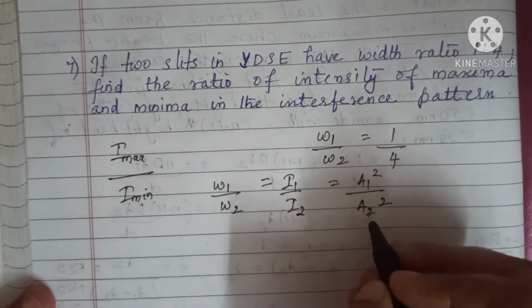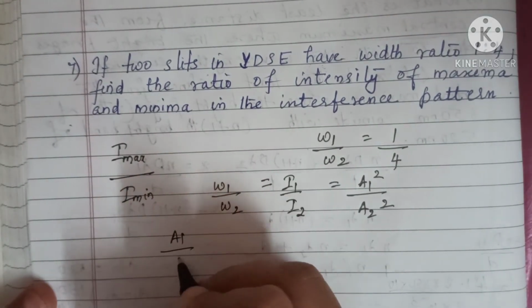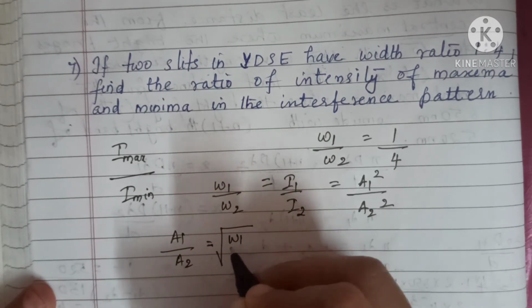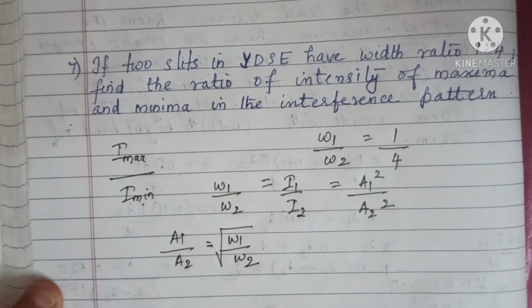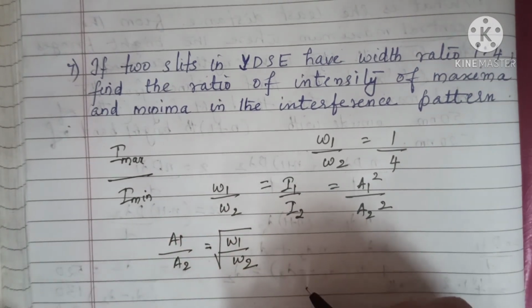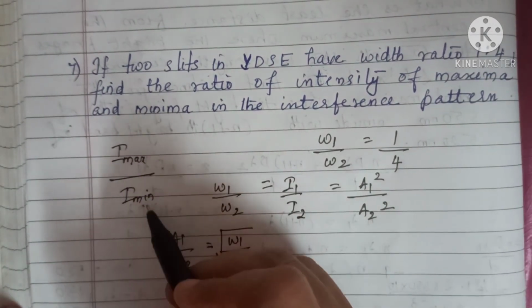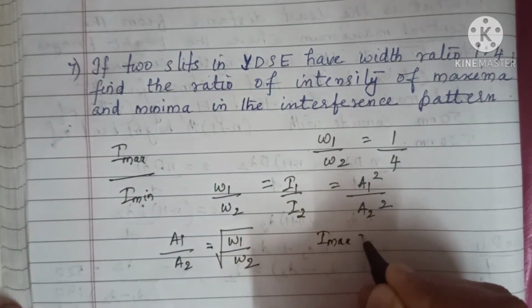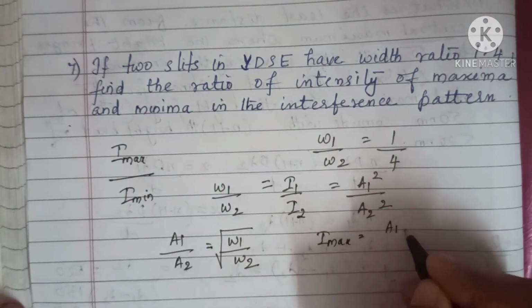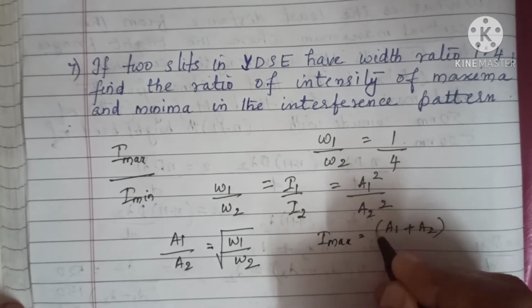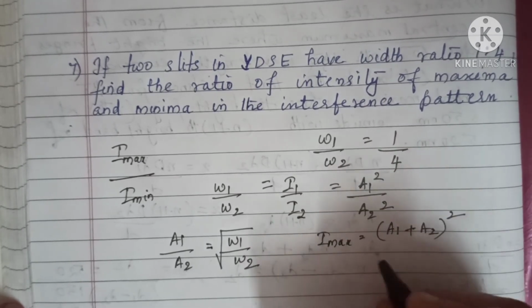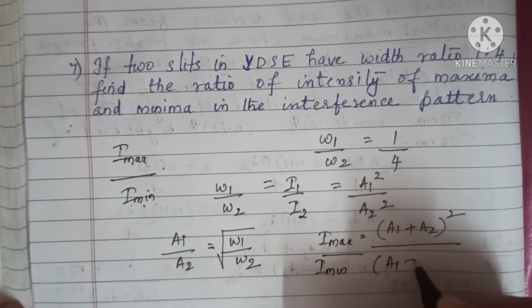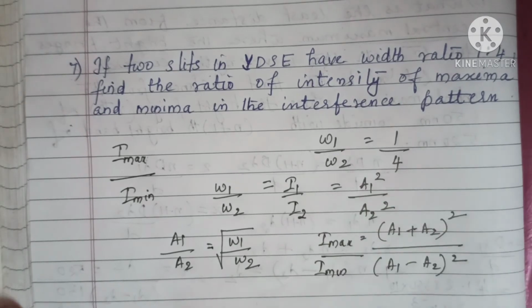So from this expression I can write A1 by A2 is equal to what? Root of W1 by W2, isn't it? Root of W1 by W2. So I have to find I maximum and I minimum. I maximum means, as I told, the sum of the amplitudes and then squared. Again I minimum is the difference of the amplitudes and then squared, isn't it?